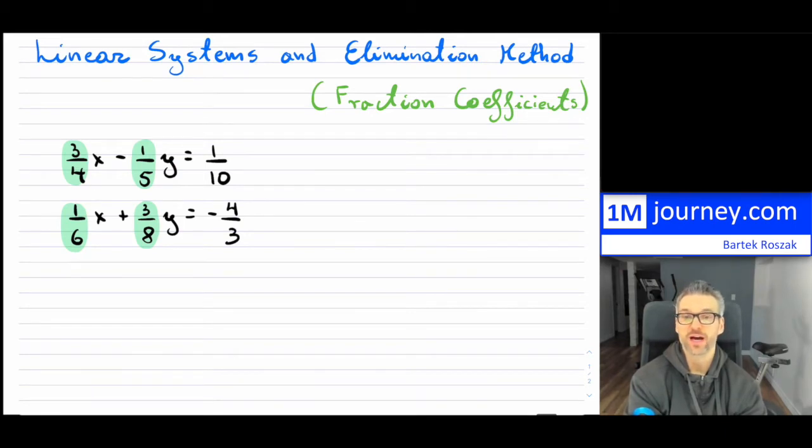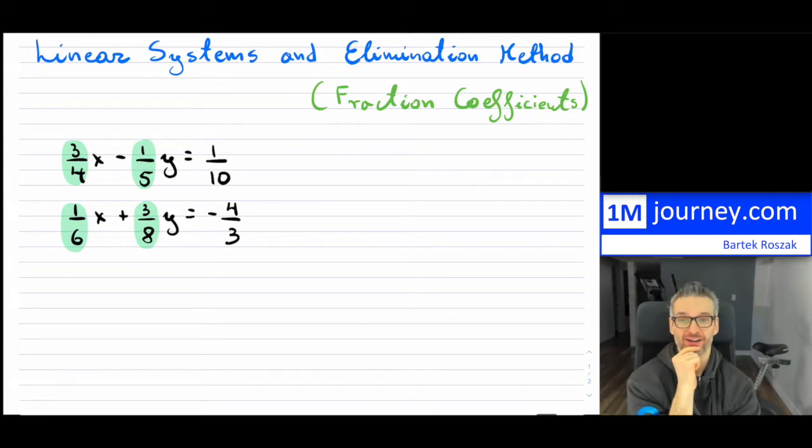Now, if you have fractions like you see here, I'm going to show you how to go about getting rid of fractions and then using the elimination method to continue. When you have fractions, you can do quite a bit. You can definitely get rid of fractions entirely if you want.